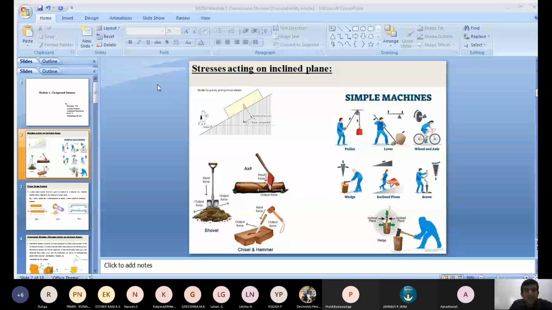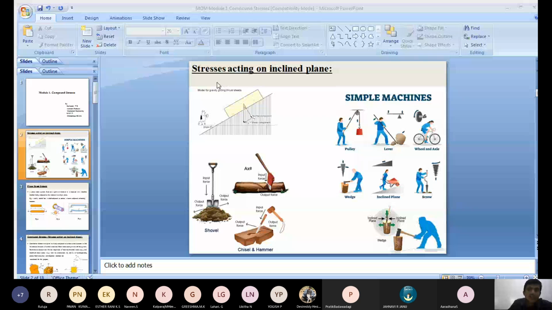When the body is subjected to two or more stresses, it is subject to compound stresses. That's the best example. You can see the compound stresses acting on a body, here an inclined plane. Two or more stresses are acting on an inclined plane.